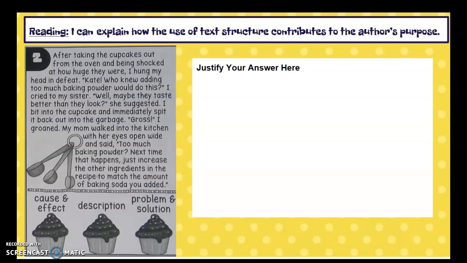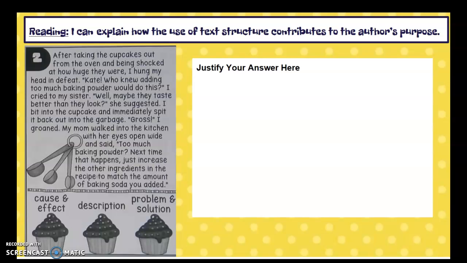"Gross," I groaned. My mom walked into the kitchen with her eyes open wide and said, "Too much baking powder? Next time that happens, just increase the other ingredients in the recipe to match the amount of baking soda you added."